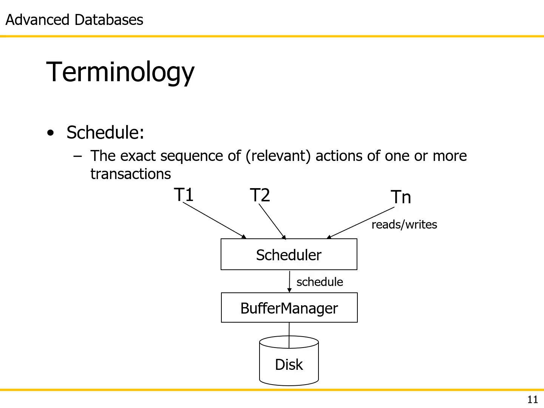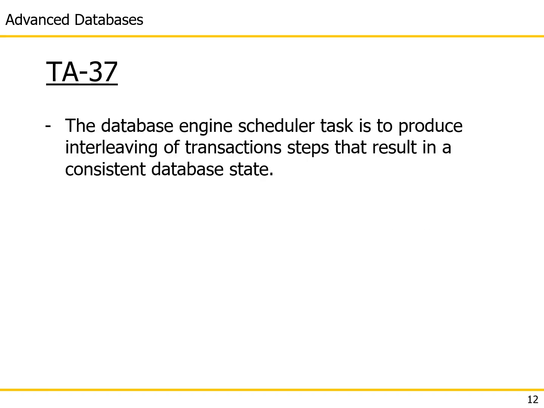So all transactions are being fed to the scheduler, and the output is a stream of reads and writes that are safe, which means they will leave the database in a consistent state. So, to summarize, the database engine scheduler's task is to produce an interleaving of transaction steps that results in a consistent database state.